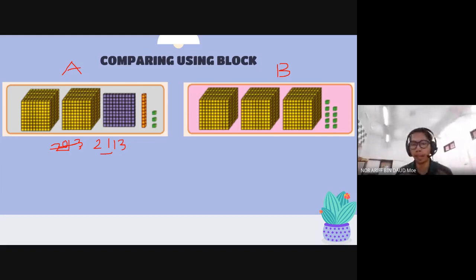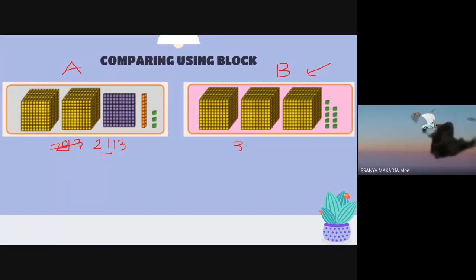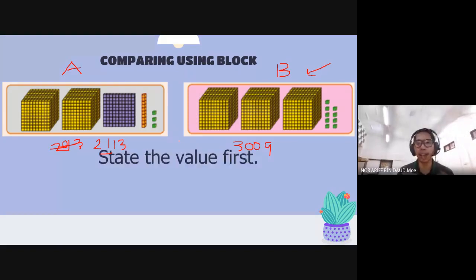Now for the B. Safia. Okay, state to me the value for B. 3,009. Teacher, may I go to the toilet? Yes, you can. Okay. 3,009. And then you put the numbers like this.